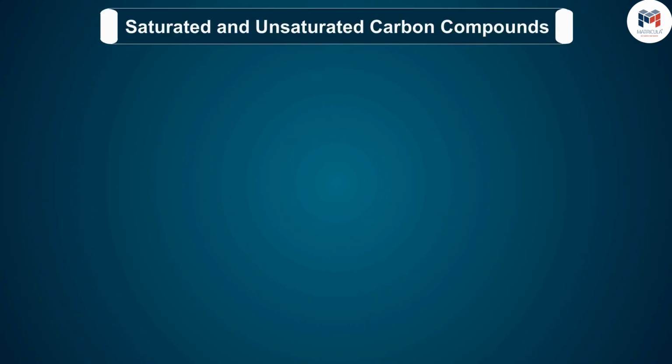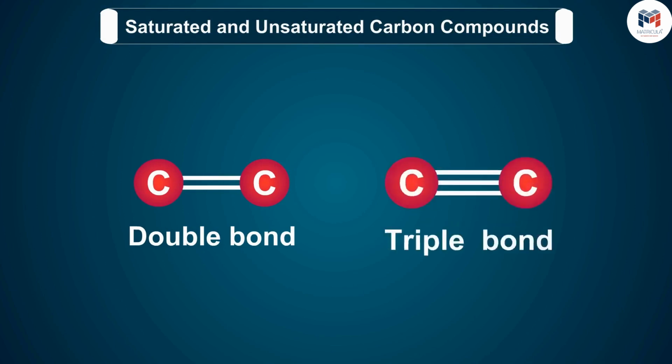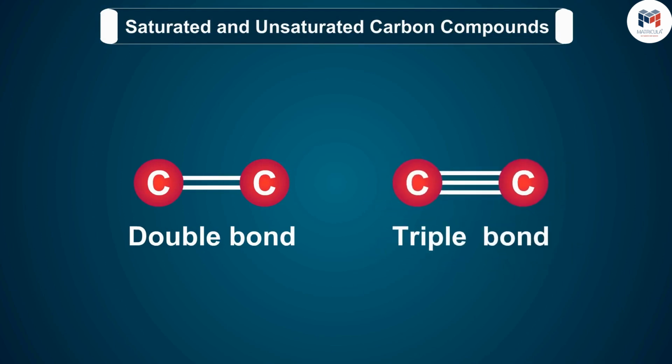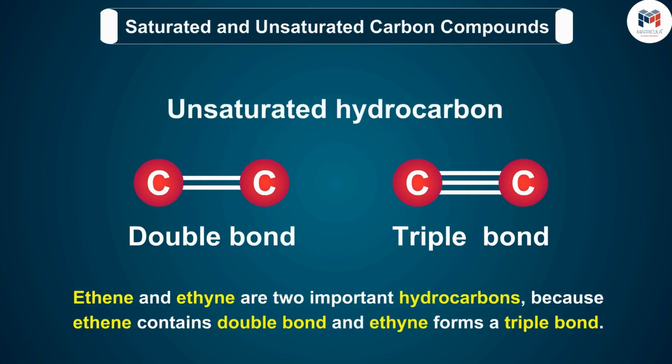A hydrocarbon in which the two carbon atoms are connected by a double bond or a triple bond is called an unsaturated hydrocarbon. Ethene and ethyne are two important hydrocarbons because ethene contains a double bond and ethyne forms a triple bond.